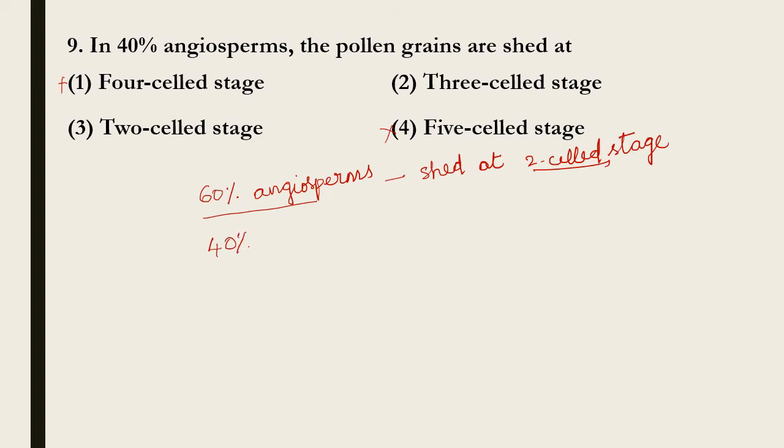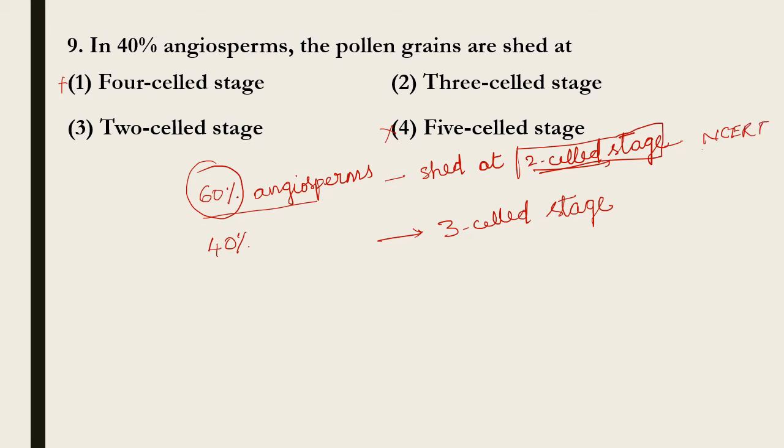In 40% of angiosperms, the pollen grains are shed at the 3 cell stage. This question is direct, a direct NCERT textbook point. Based on this point, we need to know that in 60% of angiosperms, pollen grains are shed at the 2 cell stage, and in the remaining percent, the pollen grains are shed at the 3 cell stage. So the correct answer is that in 40% angiosperms, the pollen grains are shed at the 3 cell stage. The correct answer is option 2.